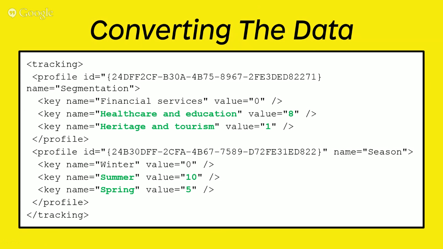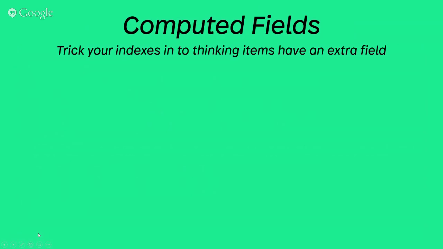But how do you do that in Sitecore? Well, the solution that we came up with was to use computed fields. If you're not familiar with computed fields, they are, as the heading says, a way to trick your indexes into thinking items have an extra field. So what do we mean by that?